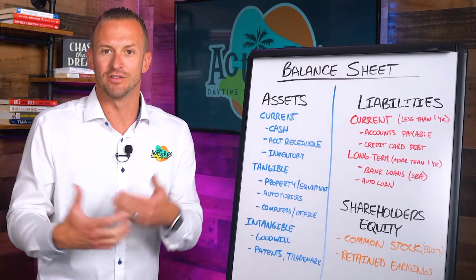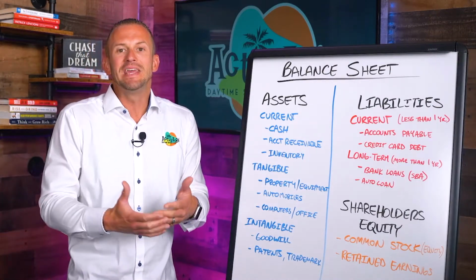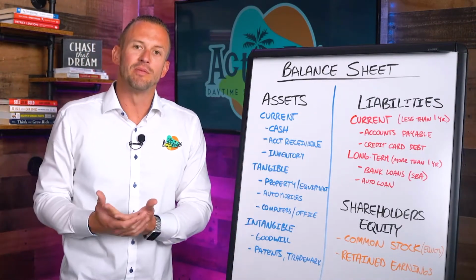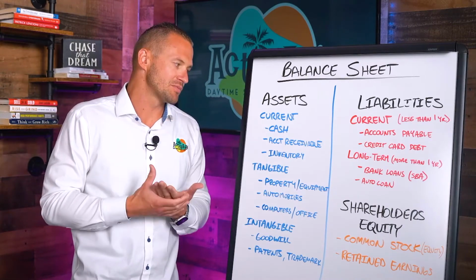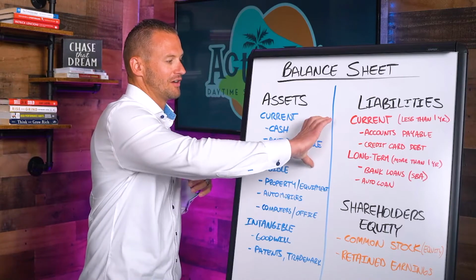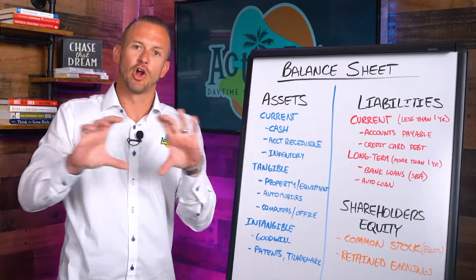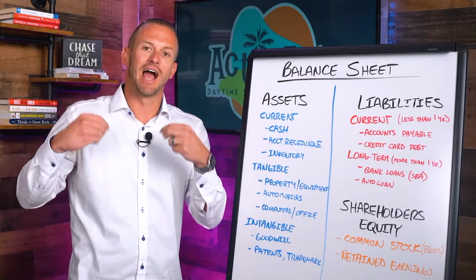In a business like adult day, inventory may not be that big of a number. Your accounts receivable might be a bigger number than even your cash position. But either way, these are current assets, and they're highly liquid.